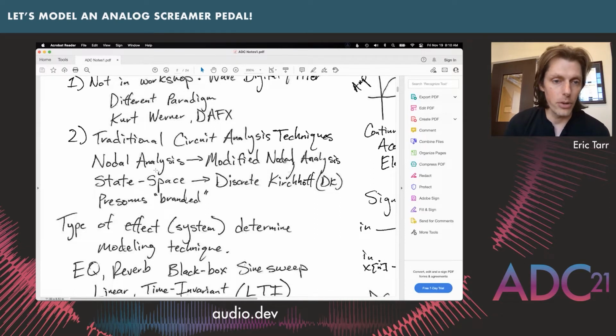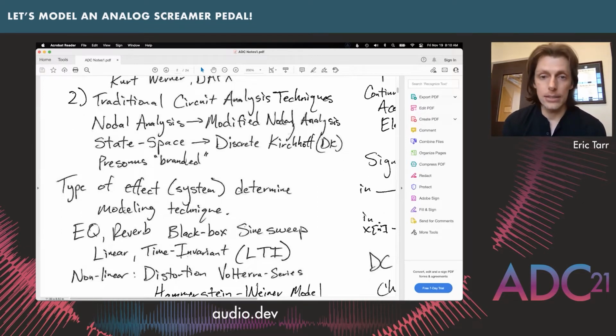For us, we're going to be focusing on this nodal analysis technique, and a specific type of it called the Discrete Kirchhoff, the DK method. So if you're looking for more resources after this conference to supplement what I'm presenting here, those would be the keywords to search.